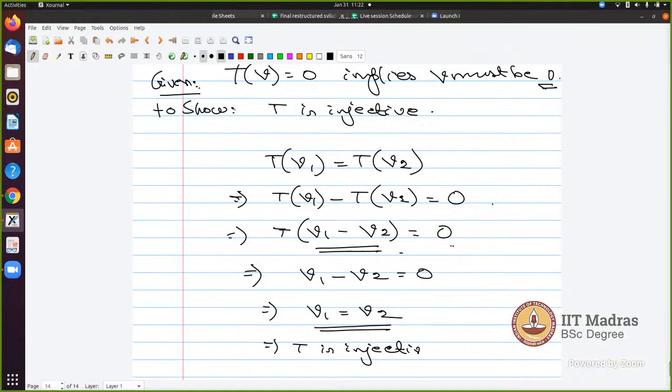Is it clear? Yes, sir. Okay. So for checking injectivity, it is enough to check whether there is any other non-zero vector which is going to 0 or not. If there is any other non-zero vector which is going to 0, then T cannot be injective. Can you explain with some example? I have started with that example.